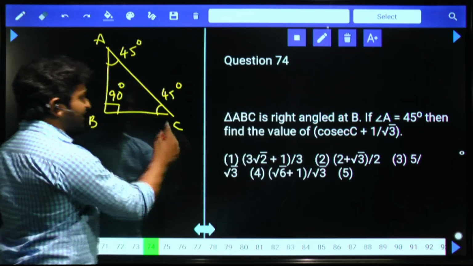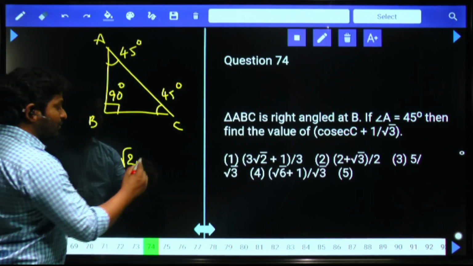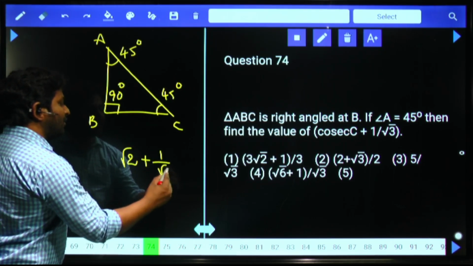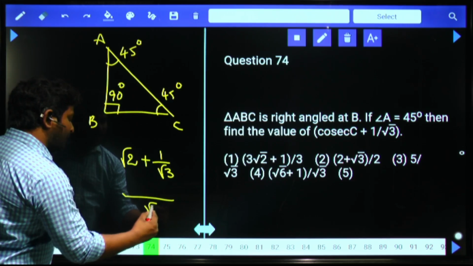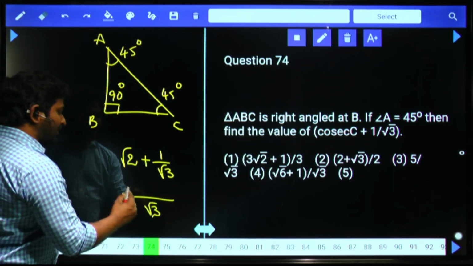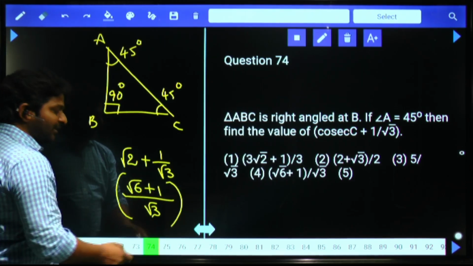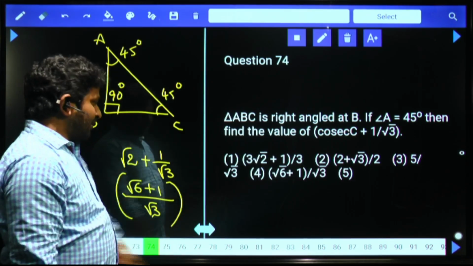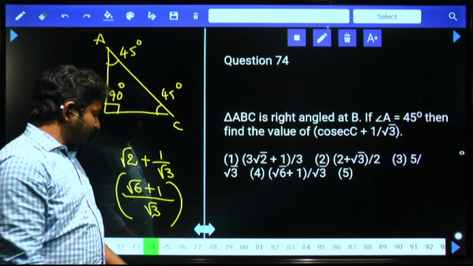Cosecant C in the sense cosecant 45, that is equal to root 2 plus 1 by root 3. Now let's take root 3 common. Root 2 into root 3 is root 6, plus 1 by root 3. This is the simplified form. Here is the answer. Fourth option, root 6 plus 1 by root 3.